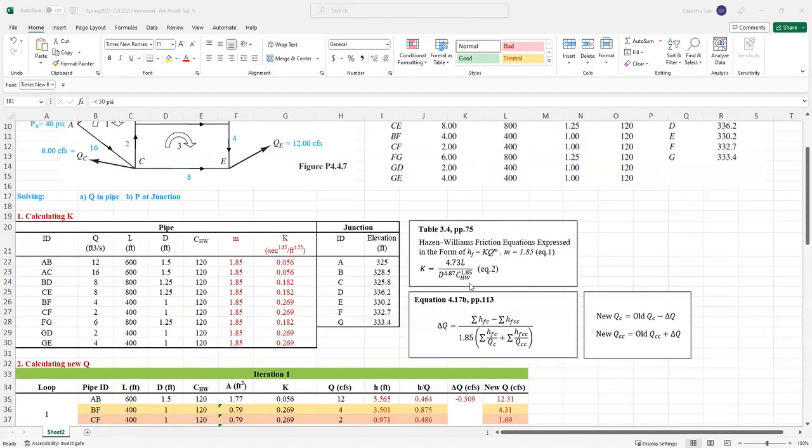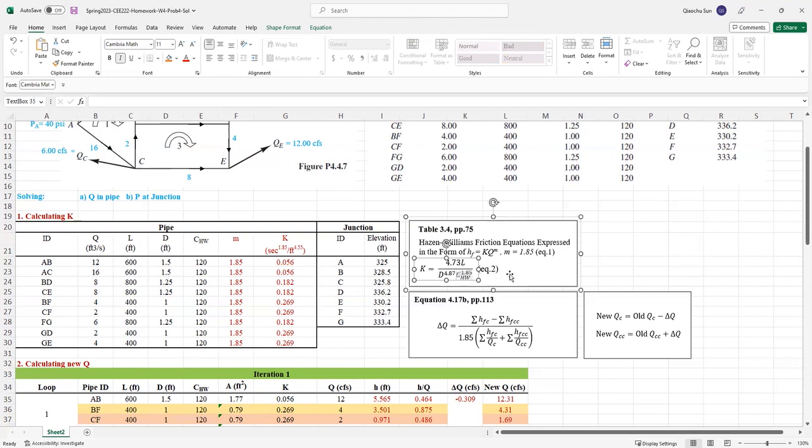To solve this problem, the first step is to calculate the K, because this problem provides us the value of the coefficient for the Hazen-Williams equation. Therefore, we need to apply this equation to calculate the friction loss. The friction loss in the Hazen-Williams equation equals K times Q to the power of 1.85.